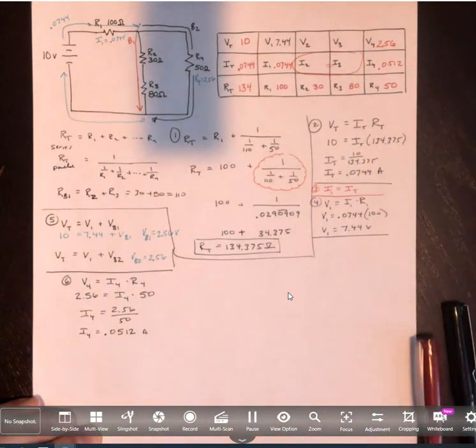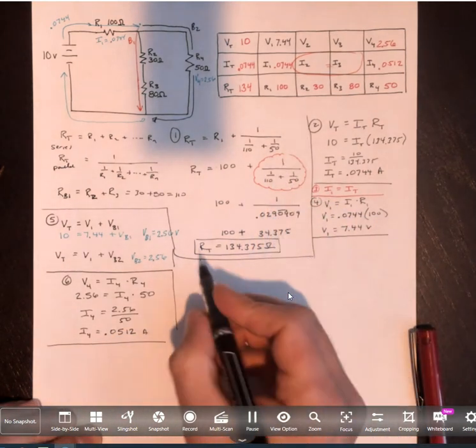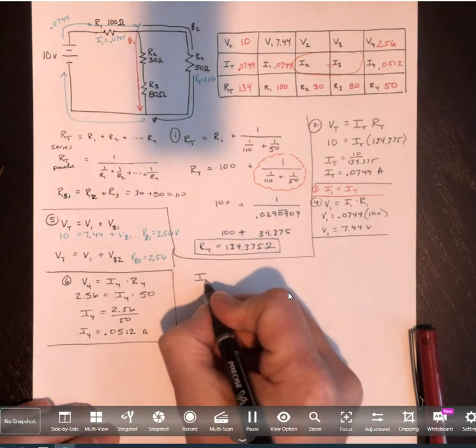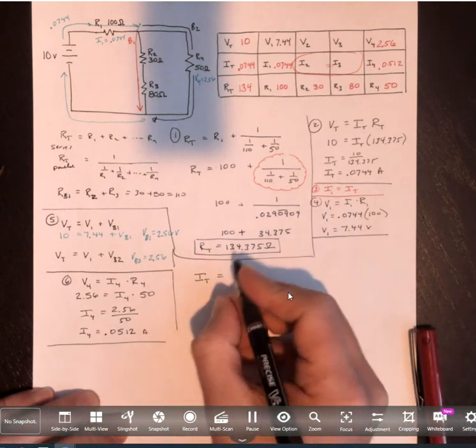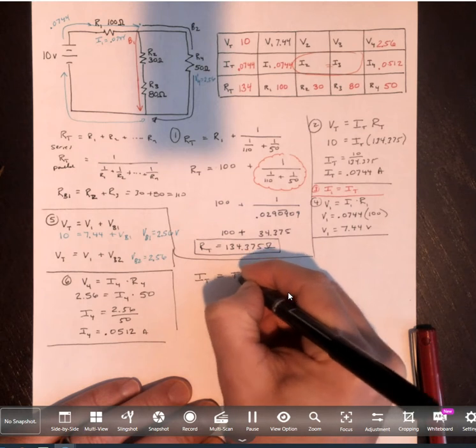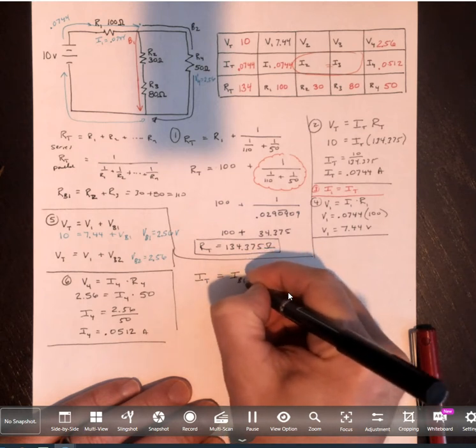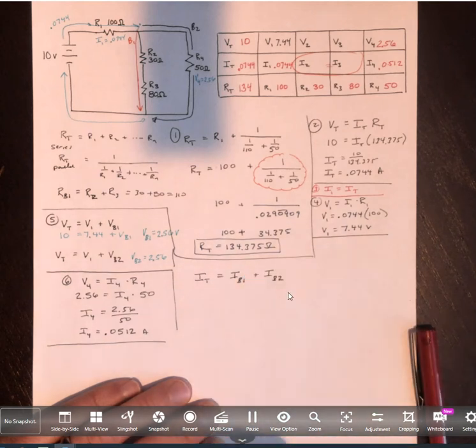0.0512. Okay. Now, remember, we said that we had a total current that was bigger, and that total current has to equal the amount of current that took branch 1 and the amount of current that took branch 2.